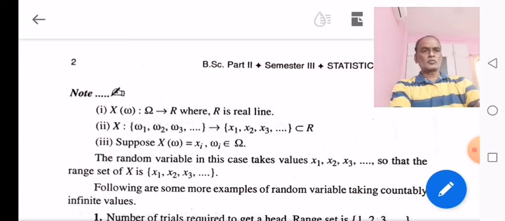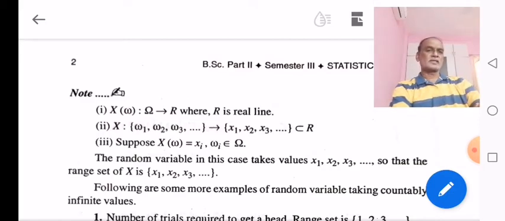So mathematically how we can write X(omega), where omega is the sample point from that sample space omega. We have to go to the real line R. So for every sample point there is a number on the real line. Same way, suppose w1, w2, w3 are the sample points on the sample space omega.